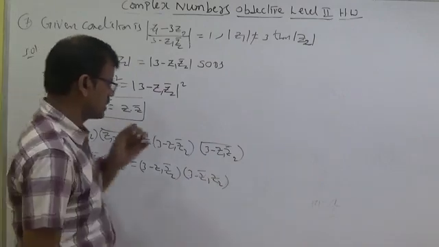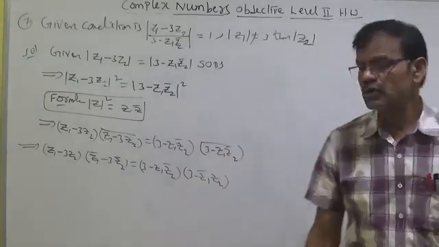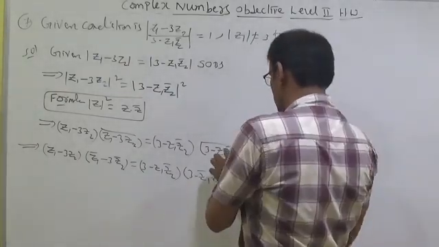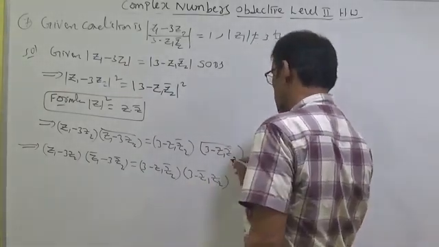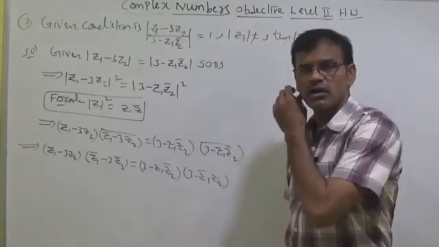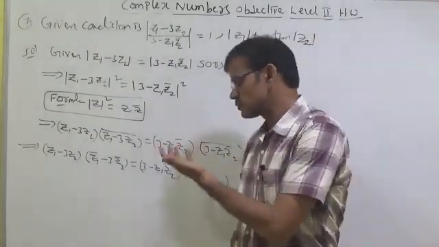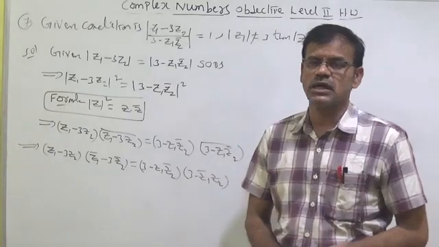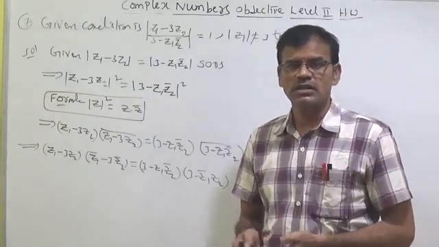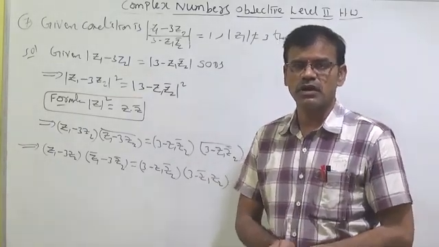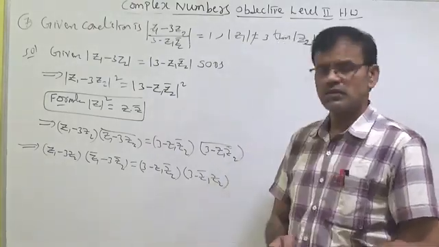Here you can understand Z2 bar whole bar is Z2, and Z1 bar separate. There is no question of bar for 3, because 3 means 3 plus i into 0. Its conjugate is 3 minus i into 0, so the real part will not be changed. Directly you can write 3.